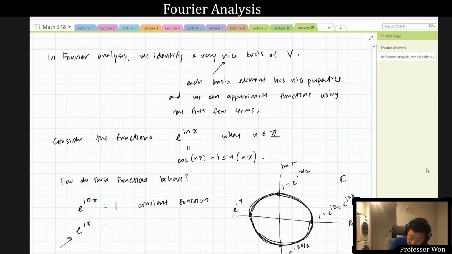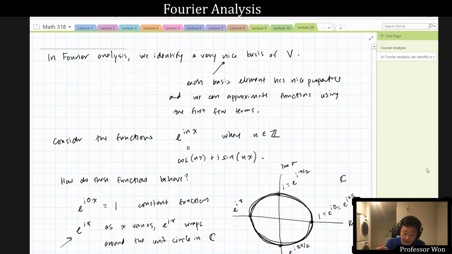So what this does is, as x varies, e to the i x wraps around the unit circle in C. Right, for the first one, every 2 pi, you wrap around the circle once.